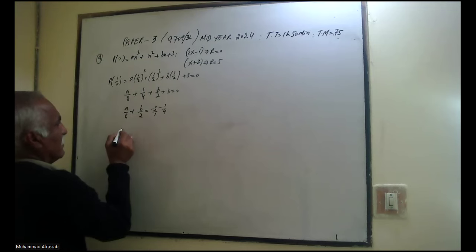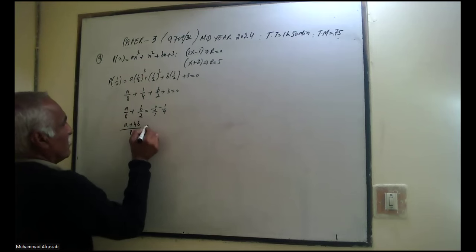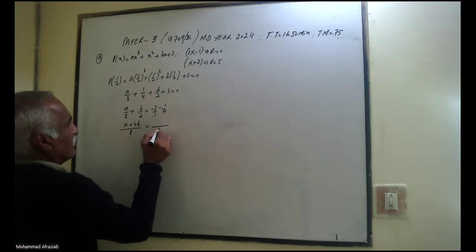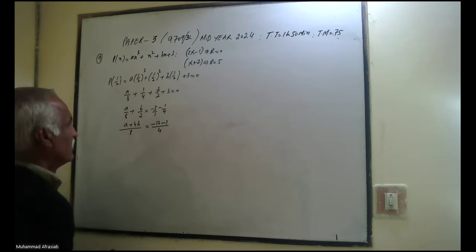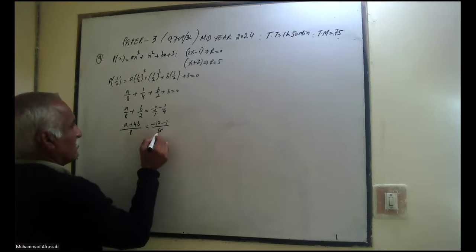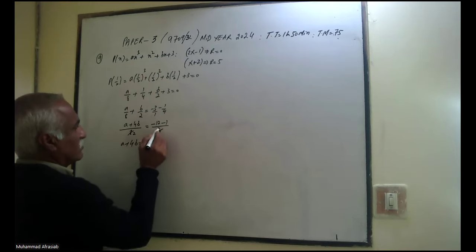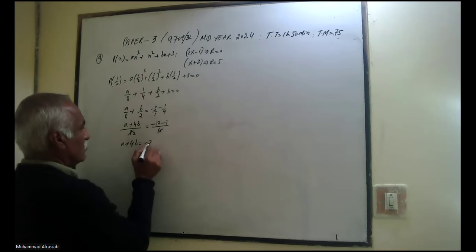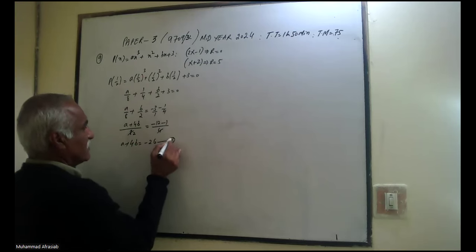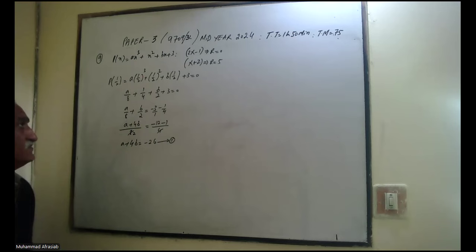So here 8 is the LCM. So a plus 4b is equal to, 4 is the LCM, minus 12 minus 1. So 4 2s are 8. So we can write this as a plus 4b is equal to minus 13 into 2, minus 26. Let's say it is equation number 1.